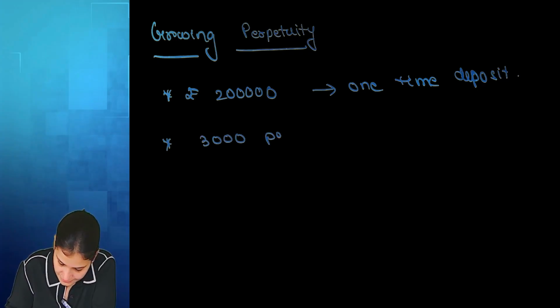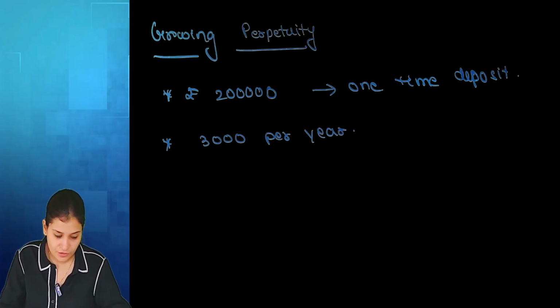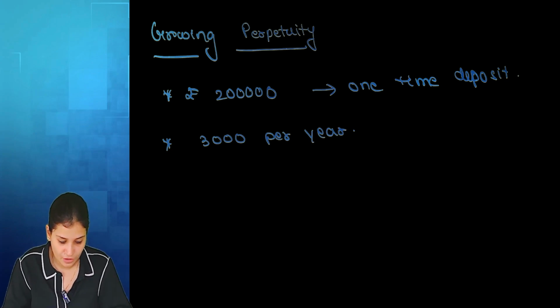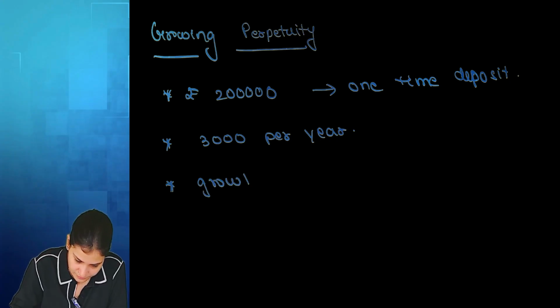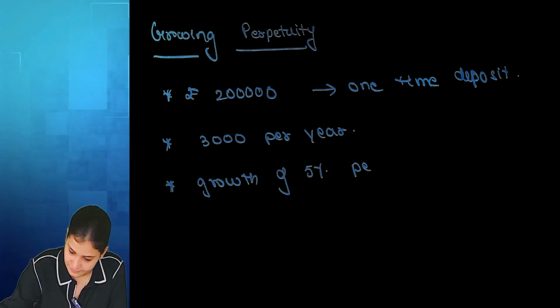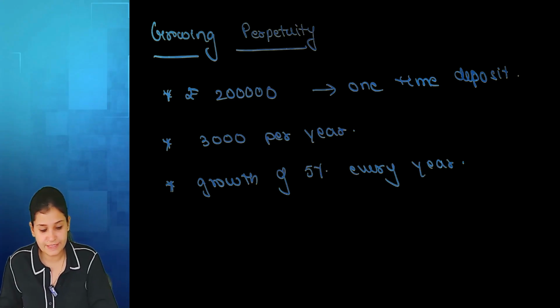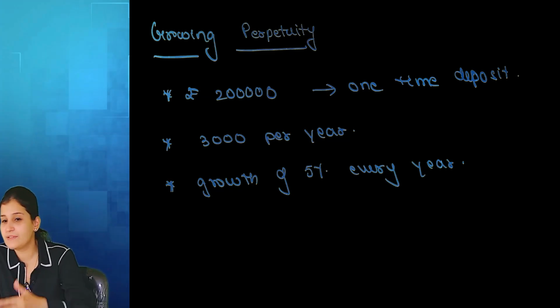3,000 per year. So this is what? Annuity. Every year we are getting 3,000 rupees if I have made a single payment of 2 lakh. And the growth is 5% every year. So in this case, I've given you everything.